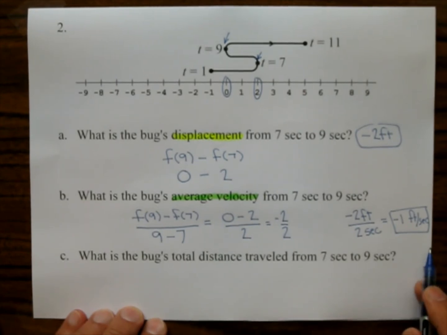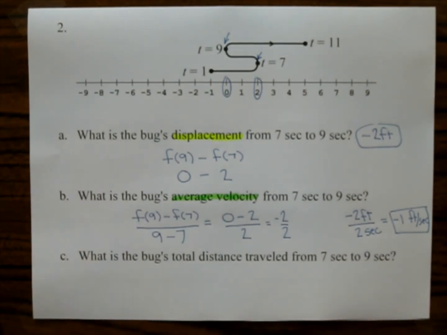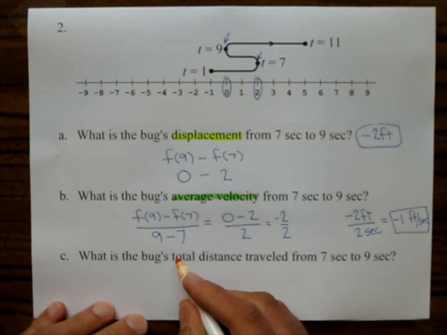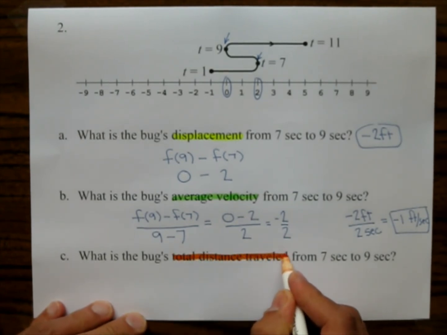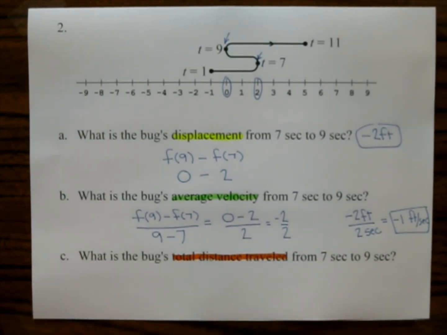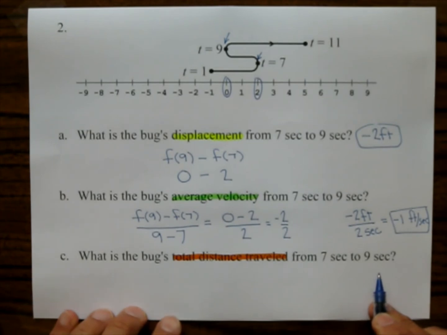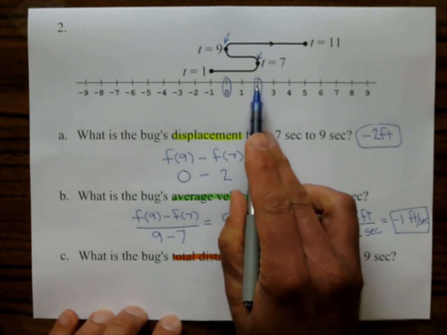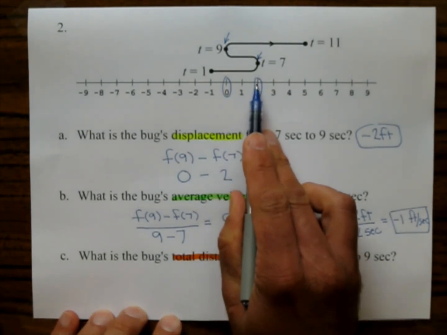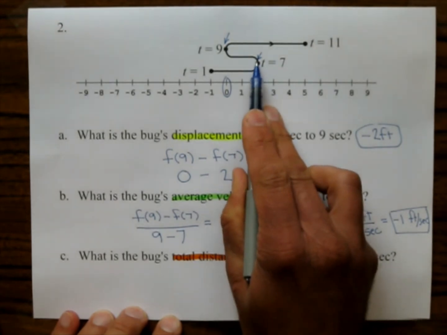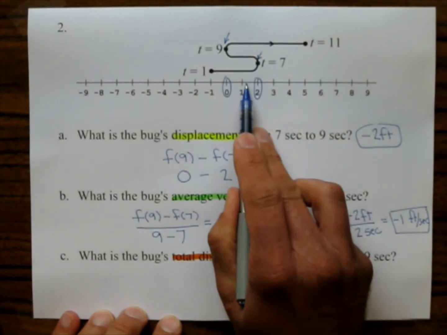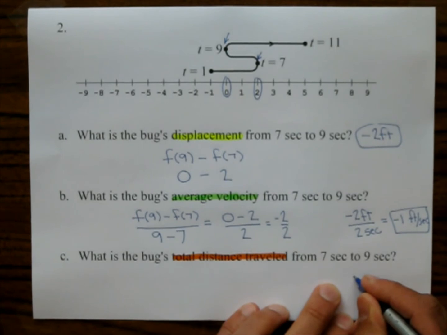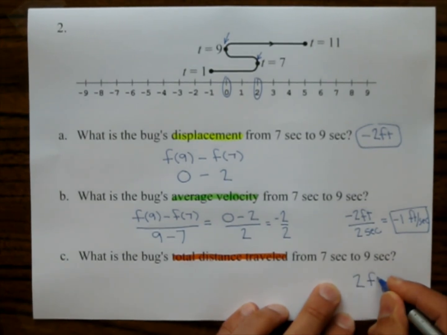Okay, so now it says, what is the bug's total distance traveled from 7 to 9 seconds? Well, let's think about it. His displacement is -2, but the total distance that he traveled, we could just try to trace it out. 1, 2. So it happens to be 2 feet.